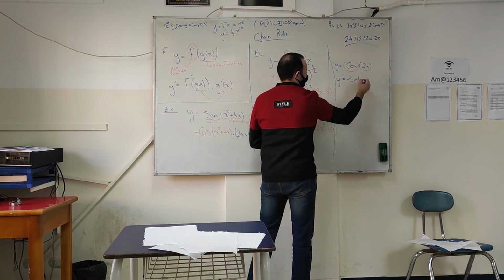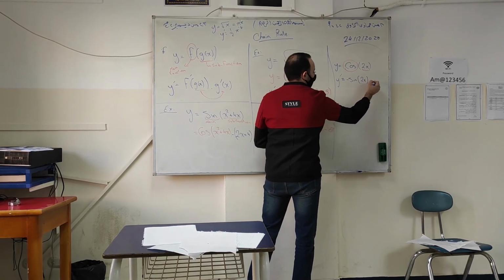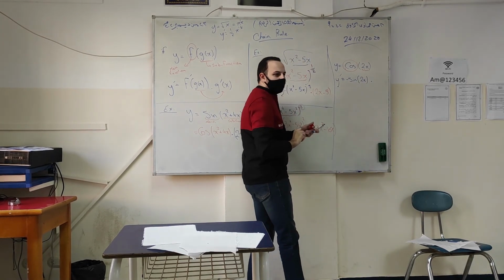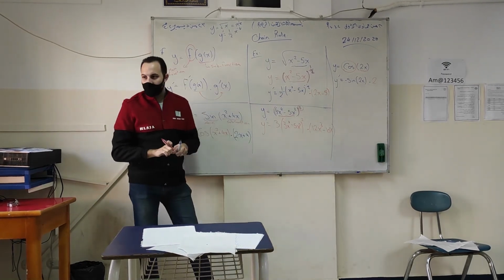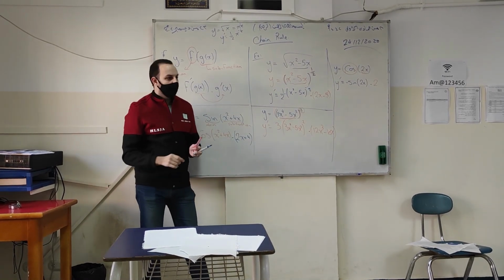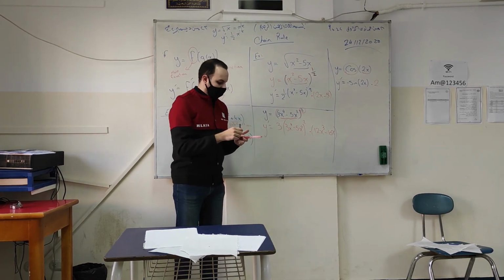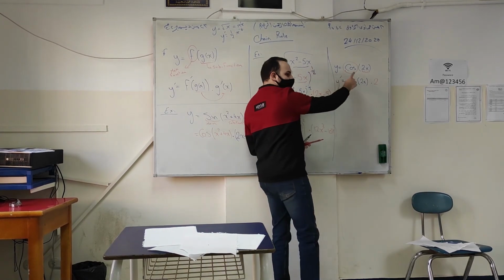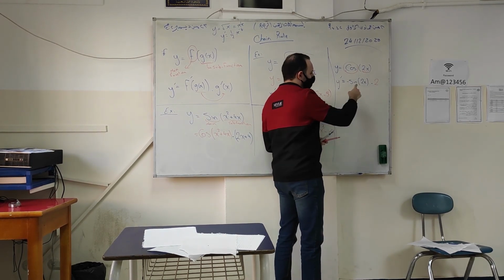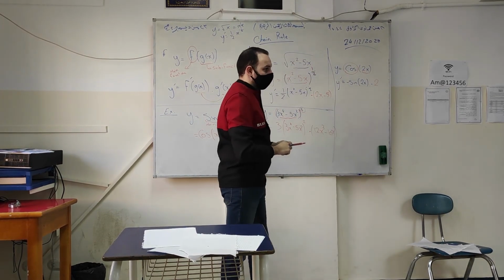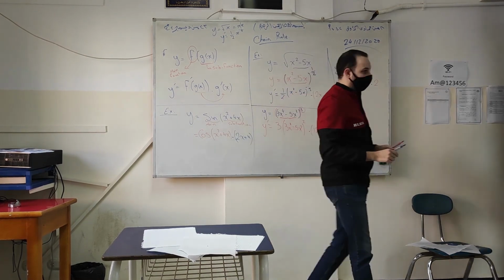Negative sine. 2x itself, times the derivative of 2x, which is 2. So negative sine 2x times 2.